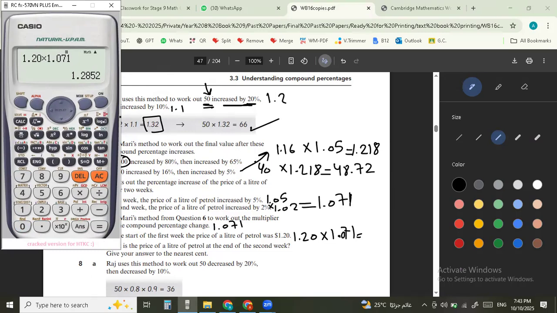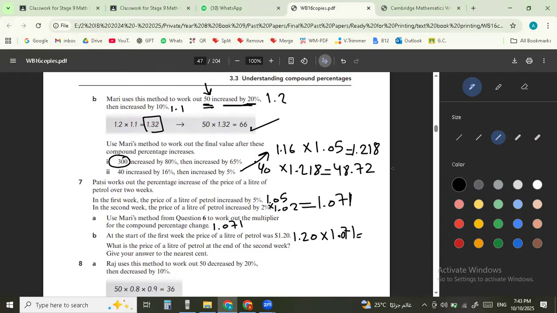So it is going to be 1.29, because the digit after the 8 is 5 or more, so it rounds up. $1.29. Don't forget the dollar sign.